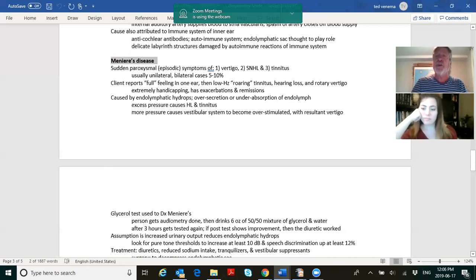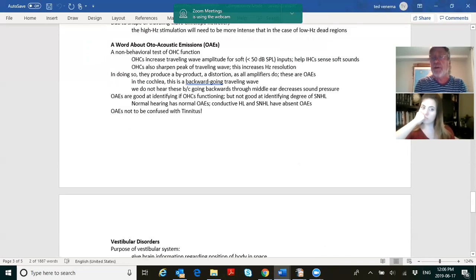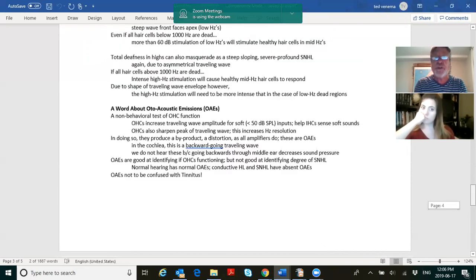And that causes low frequency sensory neural loss, which is unusual because most sensory neural loss is trouble hearing treble. Noise-induced, trouble hearing treble. Presbycusis, same thing, but not Meniere's. It's trouble hearing bass. We'll talk about why. And now then we'll talk a little bit about otoacoustic emissions.